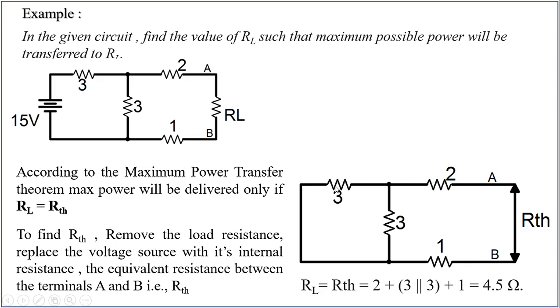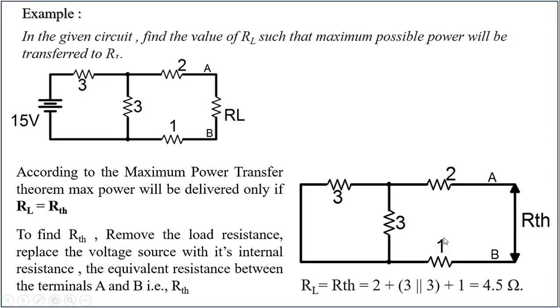Now, after observing carefully, this 3 ohm resistor and this 3 ohm resistor are both in parallel. 3 into 3 by 3 plus 3 is the equivalent resistance of this combination, that is going to be 1.5. That 1.5 is going to come in series with this 2 ohms and this 1 ohm.